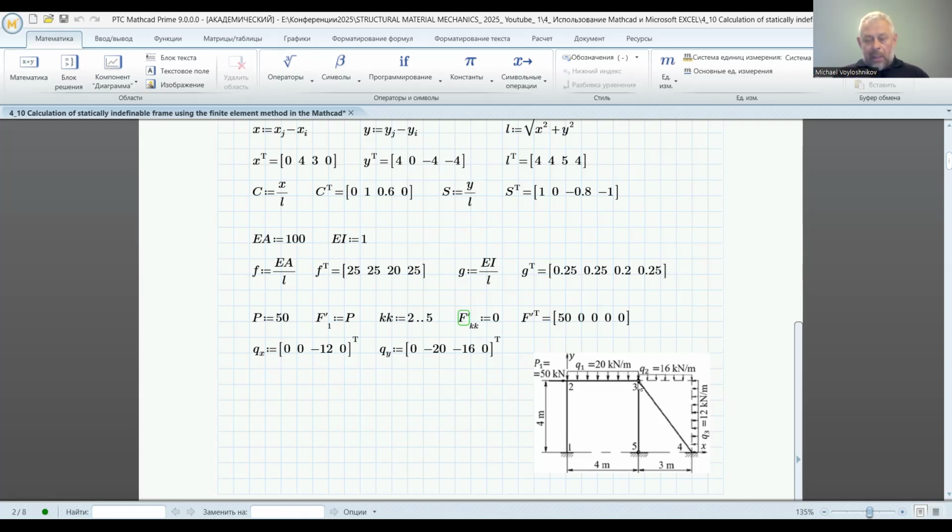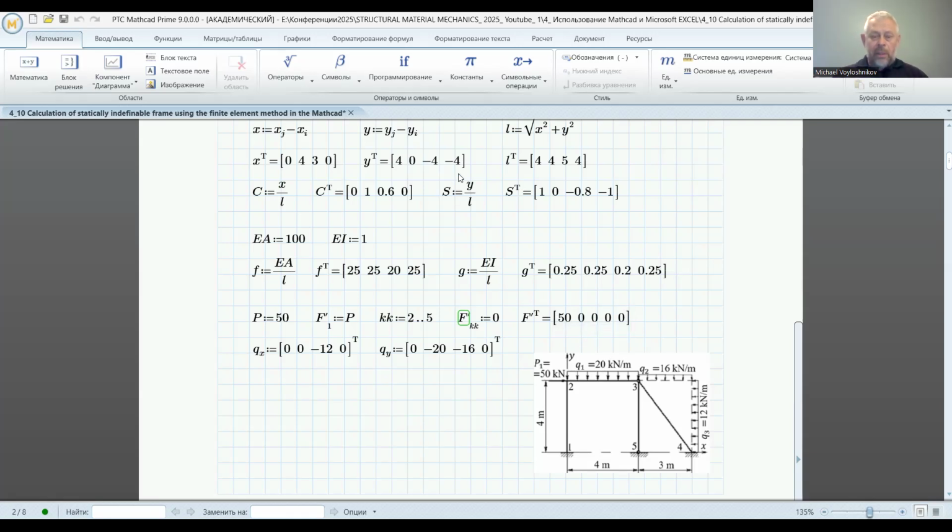We will do that. And besides, we will consider the distributed load on the element 2, 3 as well, and reduce the distributed load to the concentrated efforts applied to the node 2 and node 3. But actually, to the node 3, we have 0 concentrated forces applied as the initial data. So we assume 2 zero forces of 5 components in the same directions as the displacements of the node, subject to find by the finite element method.